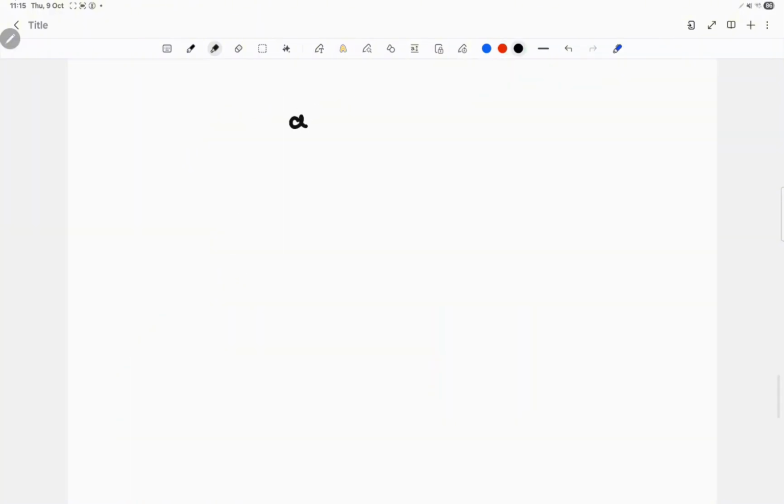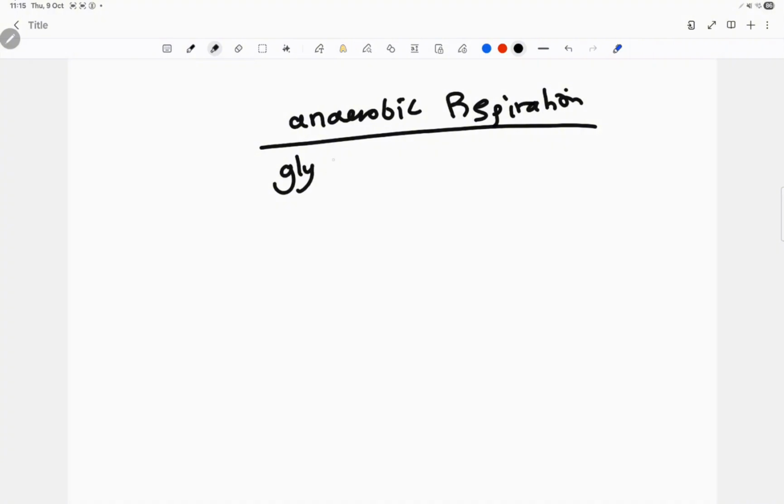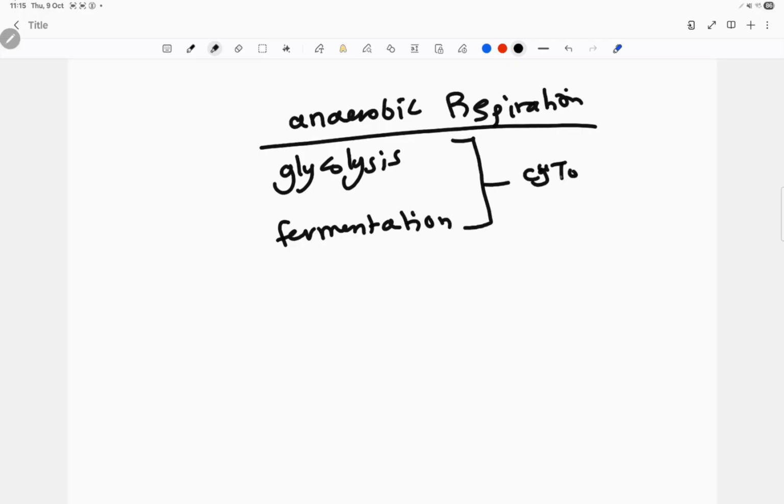So if we have anaerobic respiration, you will only have glycolysis and fermentation. There is going to be nothing in the mitochondria, and both will take place in the cytoplasm.